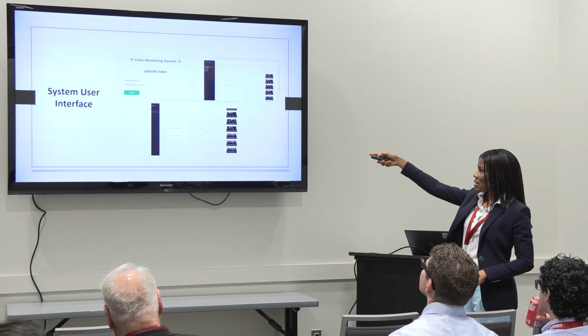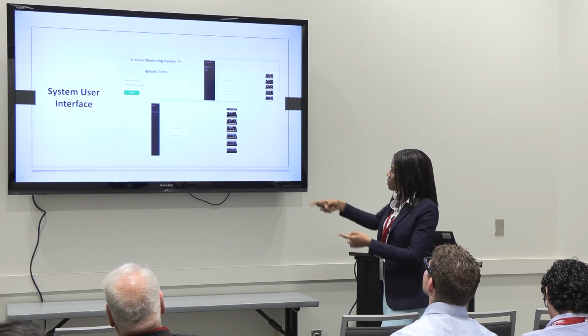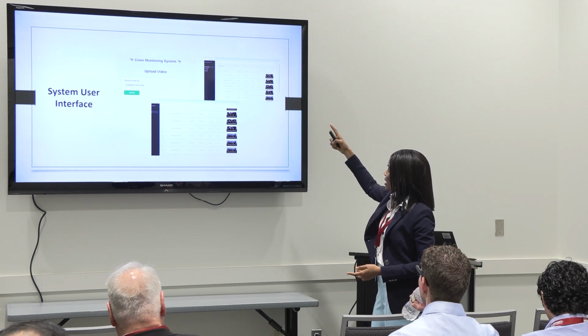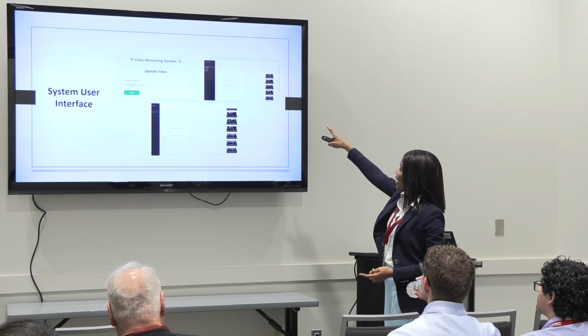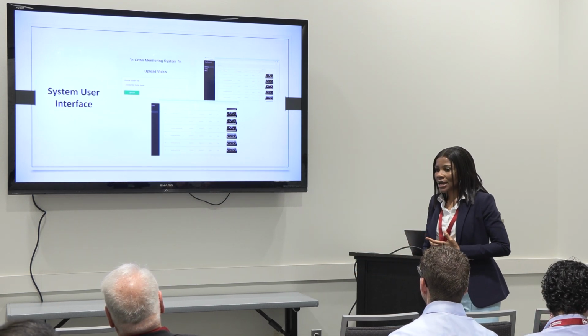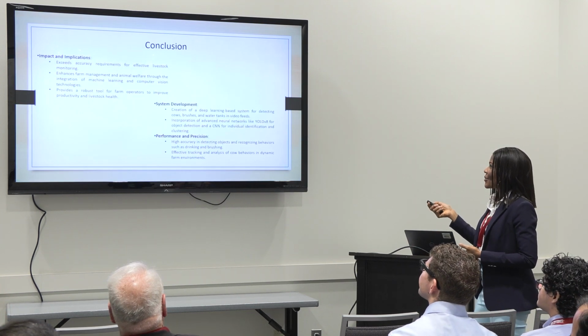So this is what the user interface looks like. The user uploads a video from the upload button, and it performs inferencing. At the end, we have that dashboard that records the cow ID, the cow activity, and how long the activity goes on for.